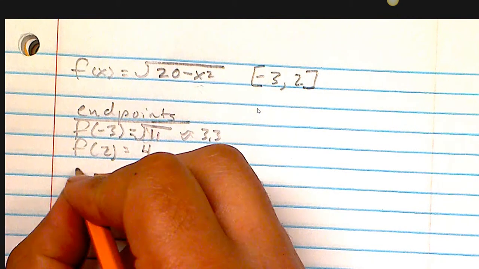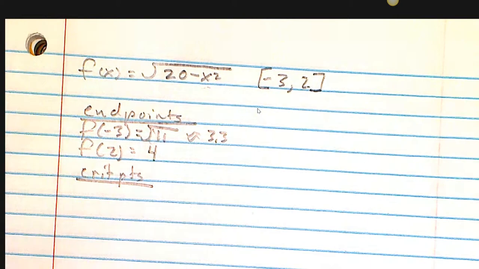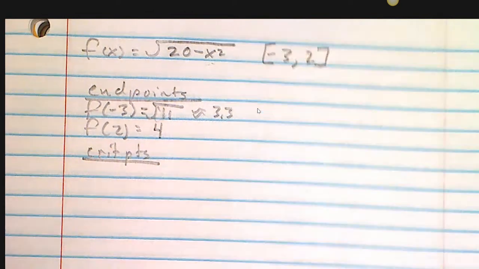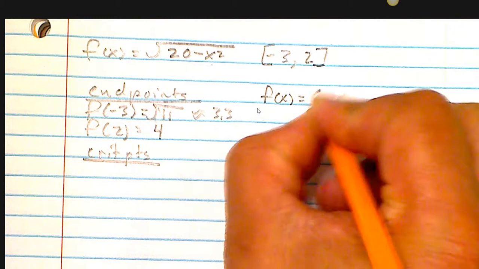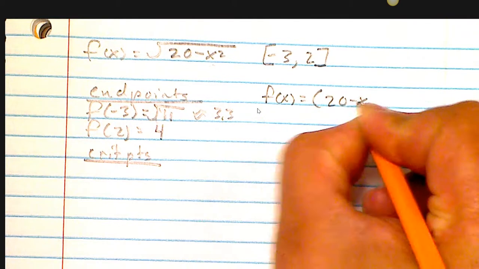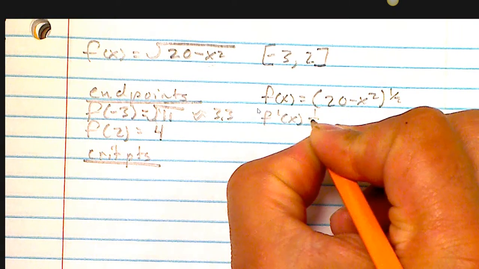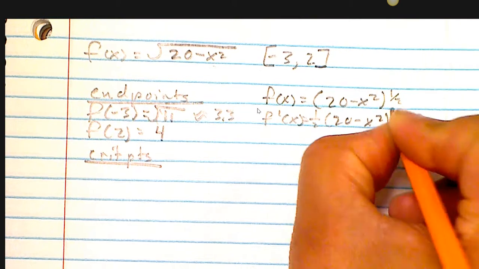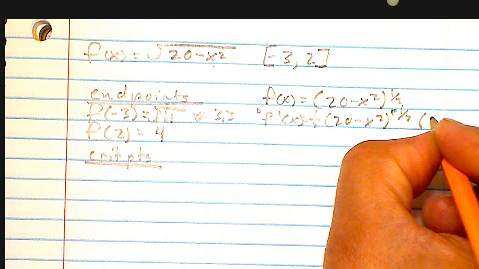Now we need our critical points. That means we need to take the derivative. So write it nicely. F of x equals parentheses 20 minus x squared to the 1/2 power. F prime of x equals 1/2 times 20 minus x squared to the negative 1/2 power times negative 2x.